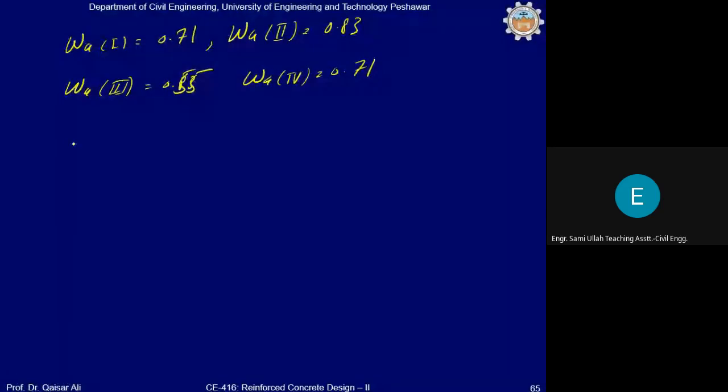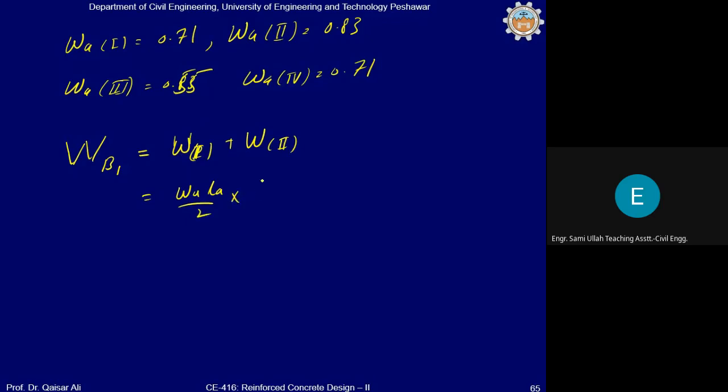So WB1 will be equal to W from panel 1 plus W from panel 2. From panel 1, the load will be equal to WU LA by 2 multiplied by its coefficient.